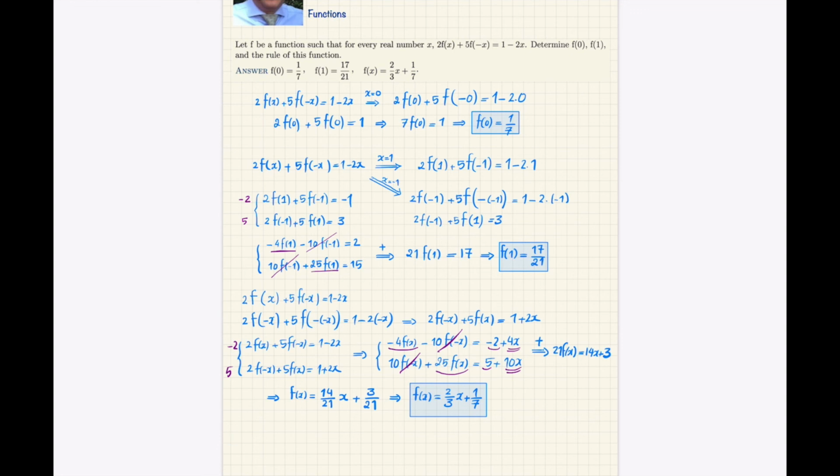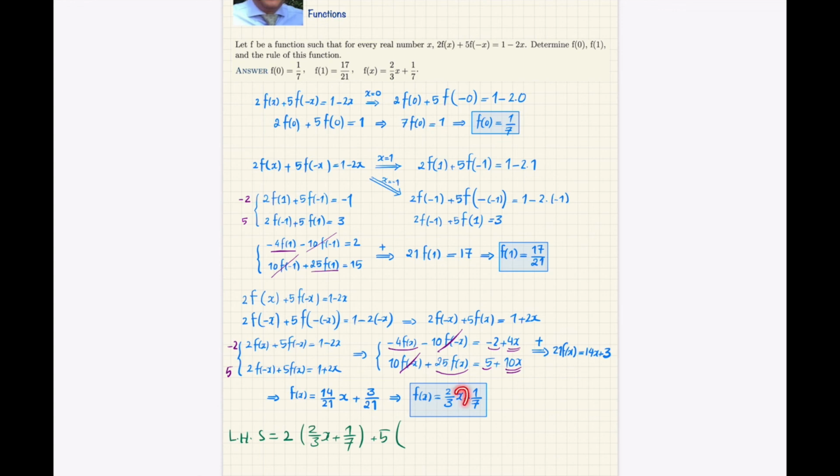So here I would say the left hand side is equal to 2 times, instead of f of x, I put the expression that I got, 2/3 x plus 1 over 7, plus 5 times f of minus x. What is the meaning of f of minus x? It means that your input is minus x instead of x.